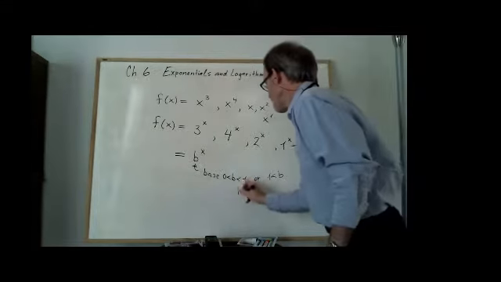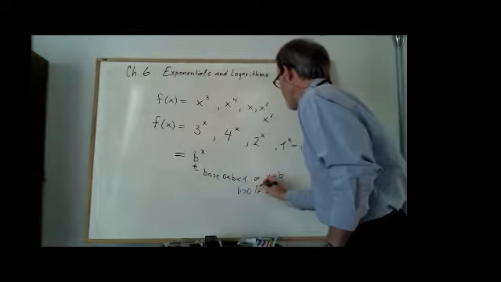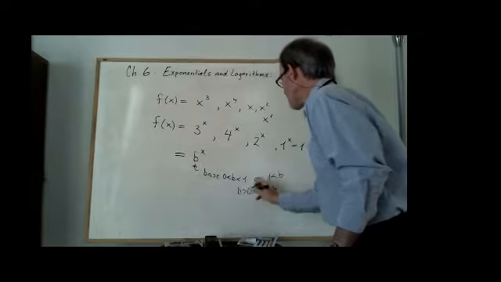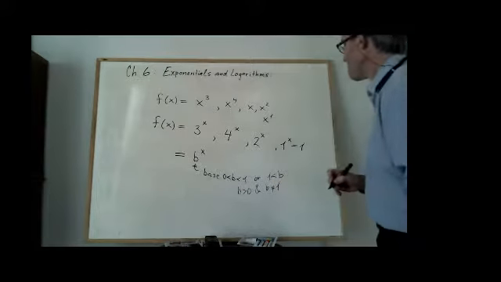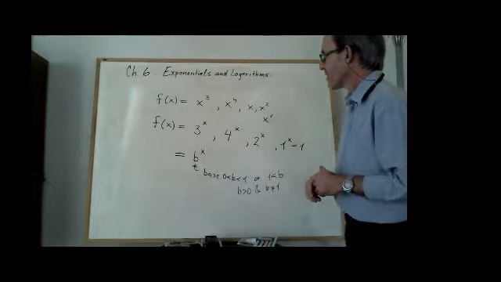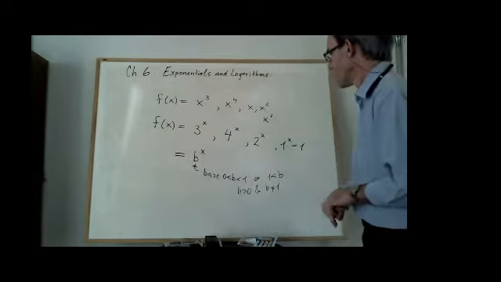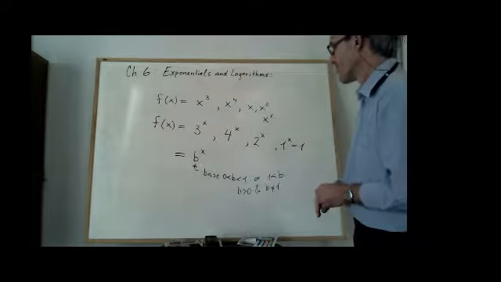So in other words, b is greater than 0, and b is not equal to 1. Okay, so these are the allowed values for the real number, which is the base. Otherwise, x can be any real number.